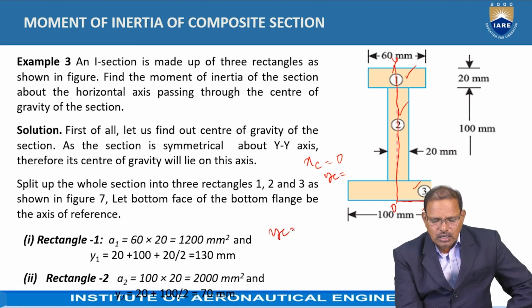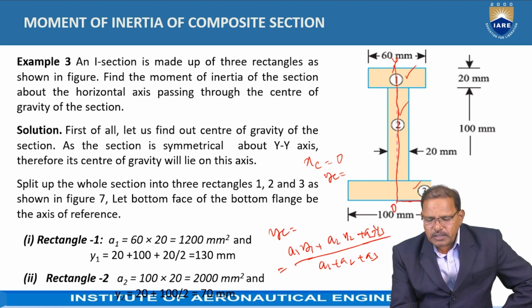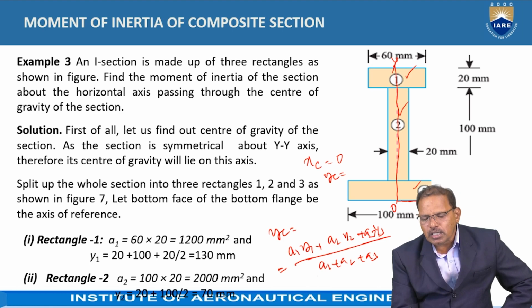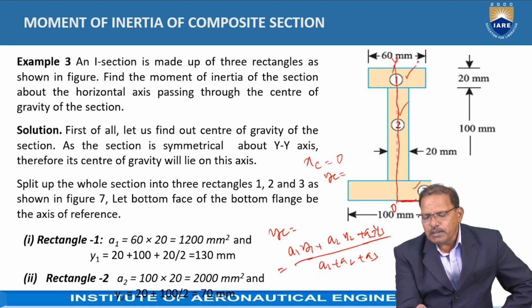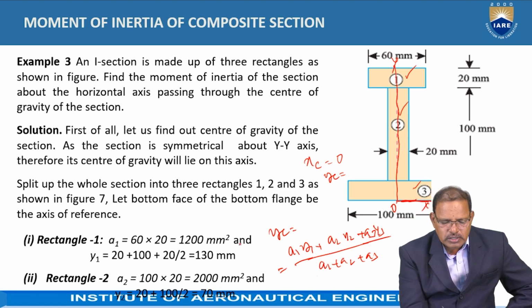So yc is equal to, according to the equation, a1y1 plus a2y2 plus a3y3 divided by a1 plus a2 plus a3. Here, a1 represents the area of the first rectangle, and y1 represents the position of the centroid of the first rectangle with respect to the bottom of the figure, that is the x-axis. What is it? y1 is equal to 20 plus 100 plus 20 by 2, that is 130 mm.